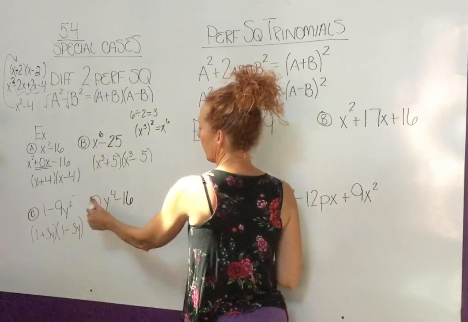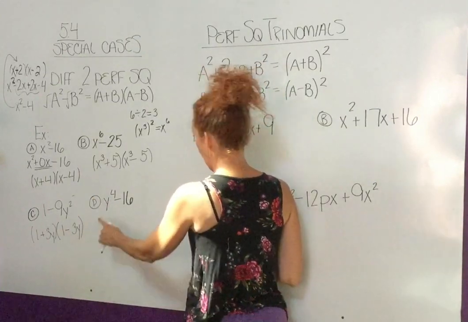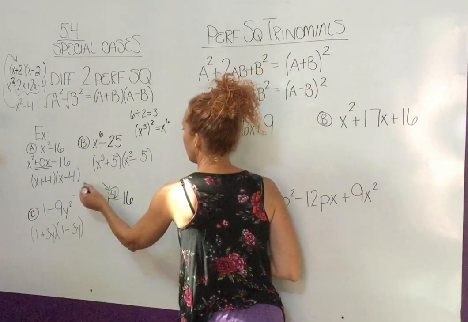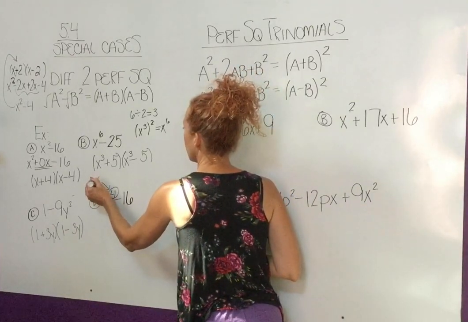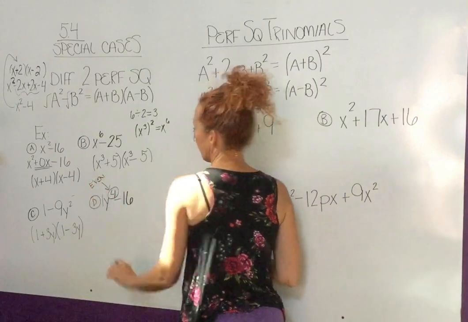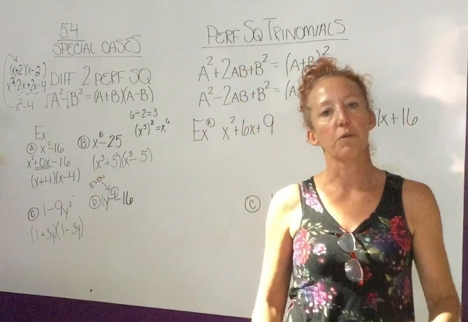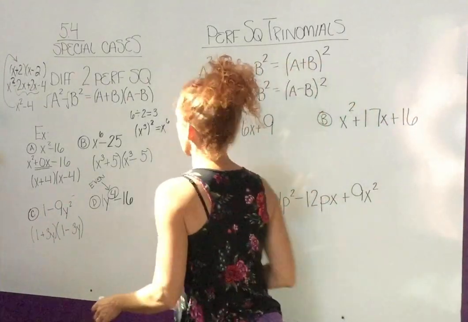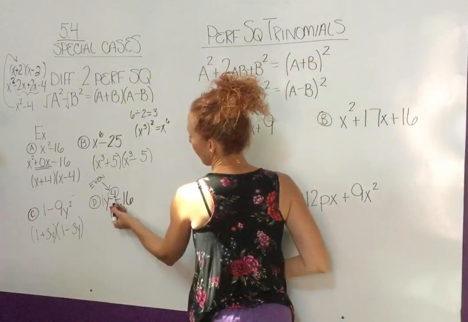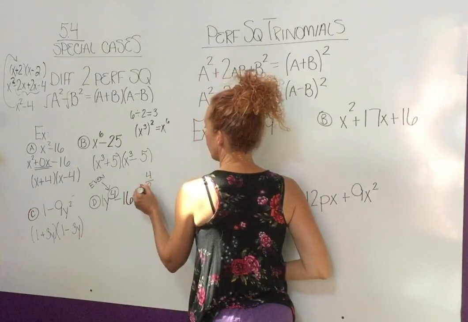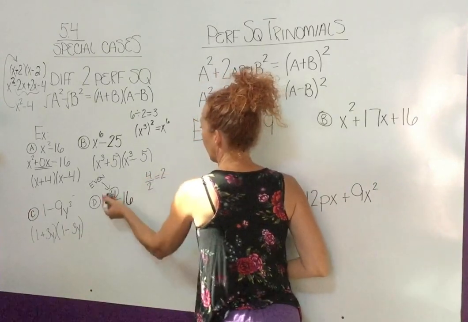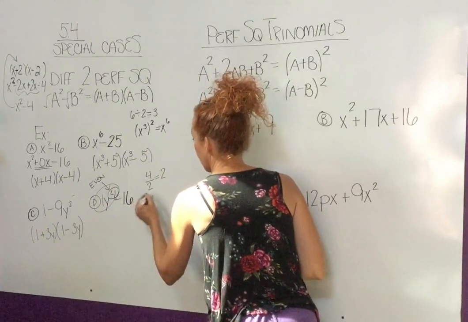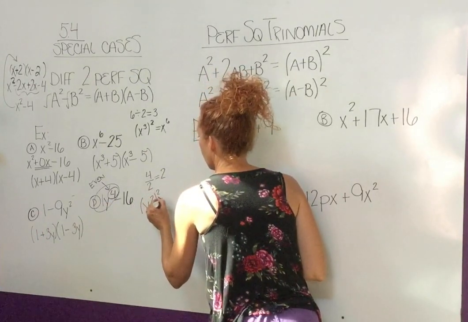All right, so here we square root. We notice it falls into the pattern. Perfect square, perfect square. Whenever this exponent is even and the coefficient in front of it is also a perfect square, then we know it's going to fall into this pattern. So if we take that 4 and divide it by 2, this right here, when I square root it, we revisit this concept again in chapter 10.